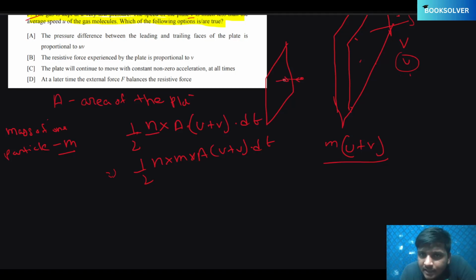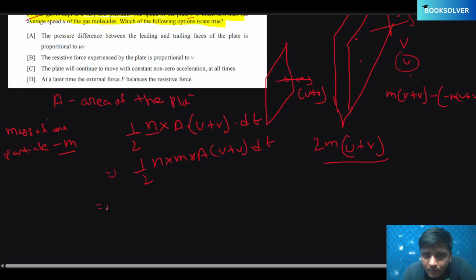After it strikes here, it will bounce back with the same speed (u plus v). So what is the change in momentum? It has a direction change also. So we will write m(u plus v) minus (minus m(u plus v)). So the change of momentum is nothing but 2m(u plus v). This is the change in momentum here, actually the change in velocity times mass.